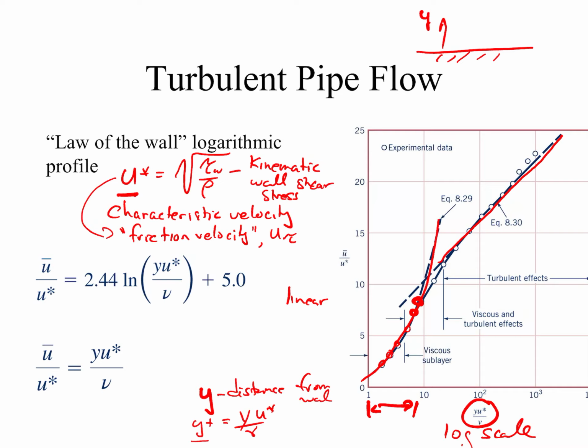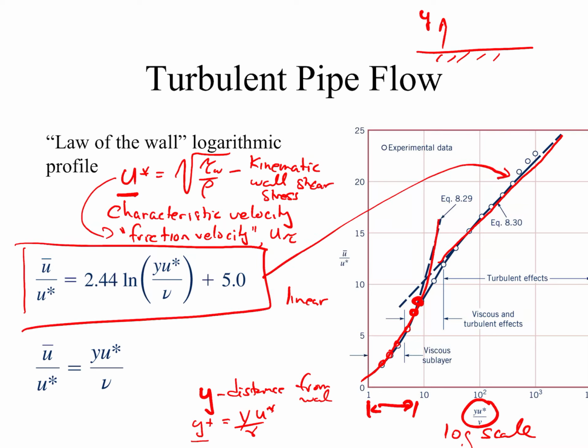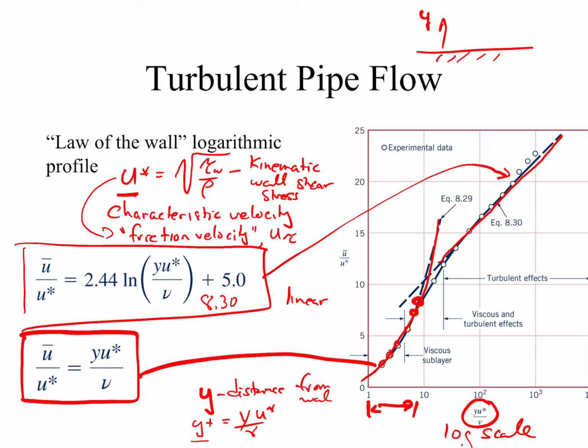So if we look at those two curves and fit them with experimental data, the linear curve that we have, this one, is our equation 8.30, part of our law of the wall. And then down near the wall, we have this equation where u over u star is equal to y u star over nu, and that's this over here.